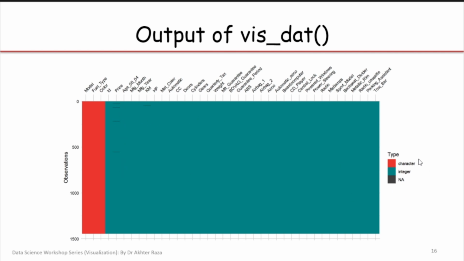So there are 2 data types. One is the character data type, the other is the integer data type. Some of the variables are character and the rest of the variables are integer. So this is an indication of vis_dat. The vis_dat and the vis_miss, these are the 2 commands that you can use for identifying the missing numbers graphically.